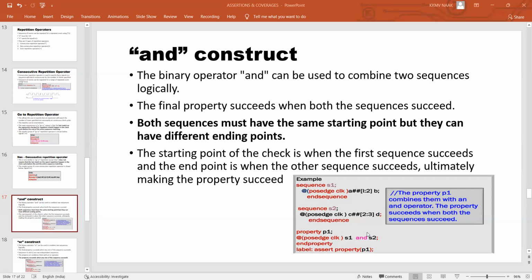In an AND, only if both inputs are high will you get the output; if any one input is 0, the output is 0. Here also it is the same: if any of the sequences fails, your property will fail. Both sequences should succeed, then only your property will succeed. Clear?